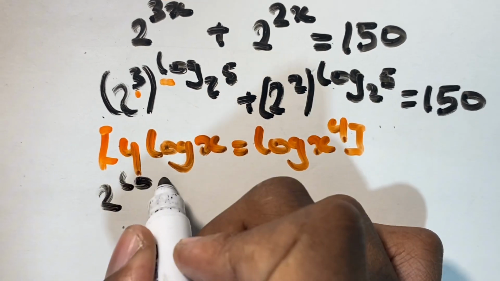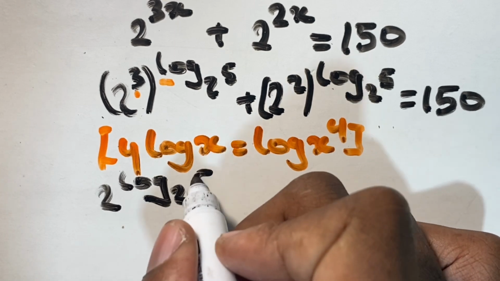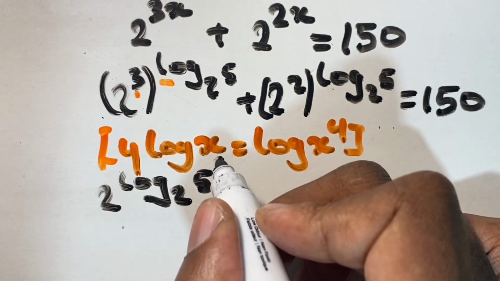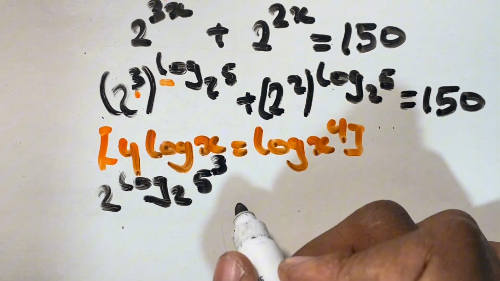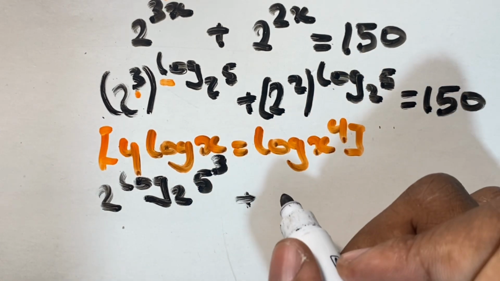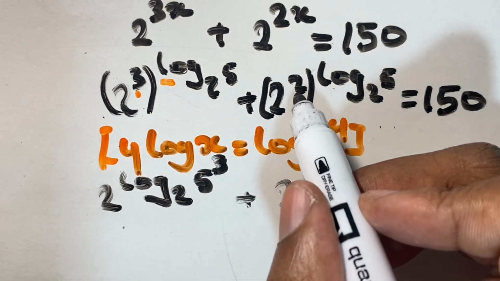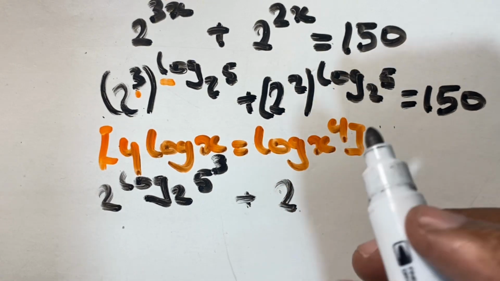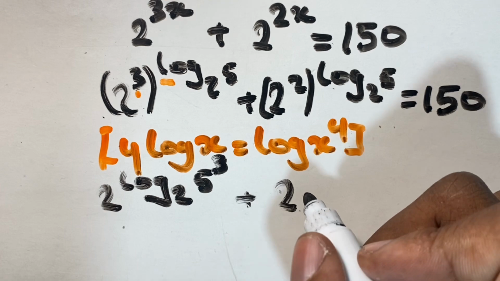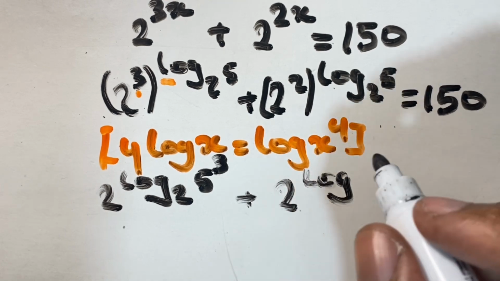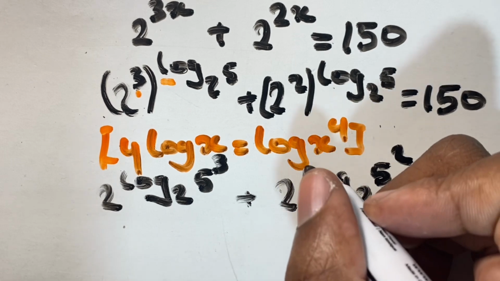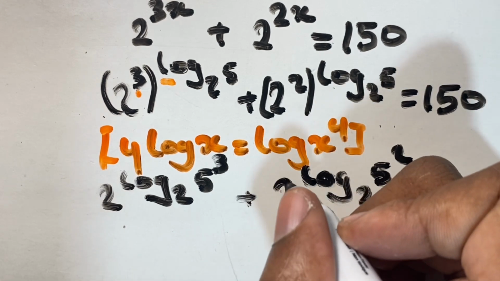So using what we just said, we would have 2 to the power of log base 2 of 5 powered by our 3. So that would be log base 2 of 5 to the power of 3, or 5 cubed. We add that to doing the same here as well. We would have 2 to the power of log base 2 of 5 squared. So that's what we would have, and that's all equal to 150.